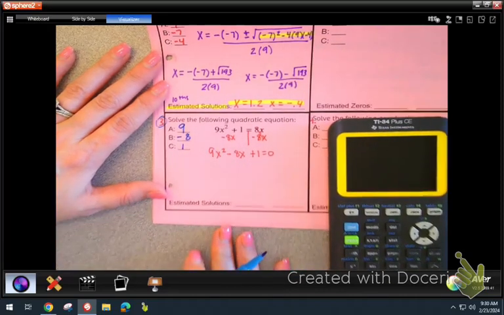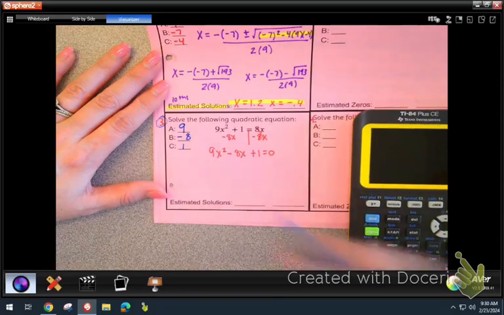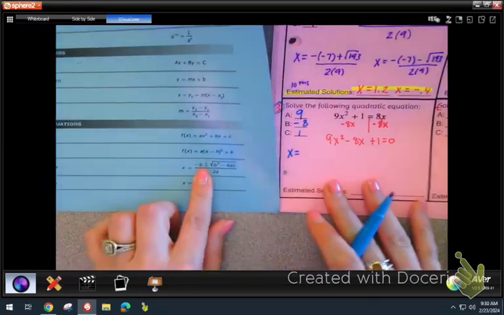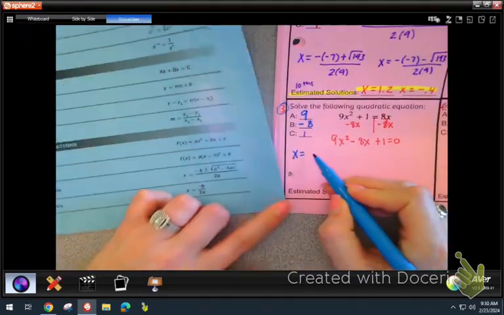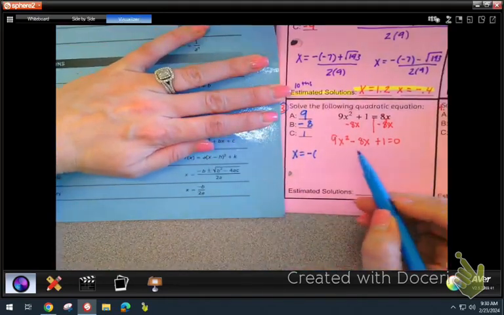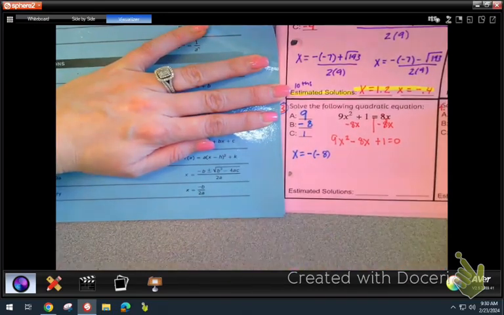Positive 1. Okay? Now we're going to write what we're typing. X equals, follow the formula. I want you to watch how I'm looking at this formula chart and how I'm writing down my answers right here. Negative, open parentheses. What is our B? That would be negative 8. So I have a double negative. That's okay. Make sure you get that.